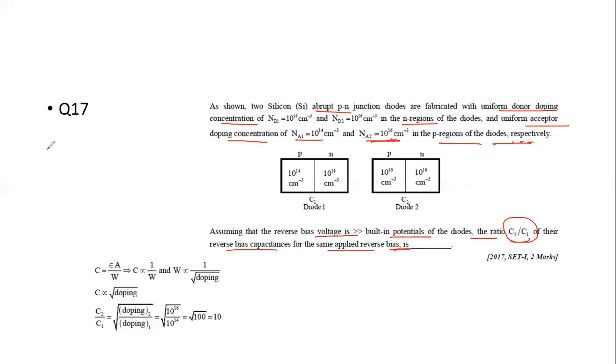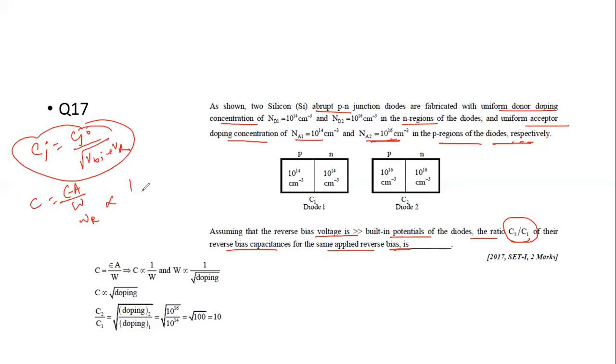As you know, Cj is equal to Cj0 upon under root of Vbi plus Vr, or you can say C equals epsilon A by W, and W is inversely proportional to under root doping concentration.